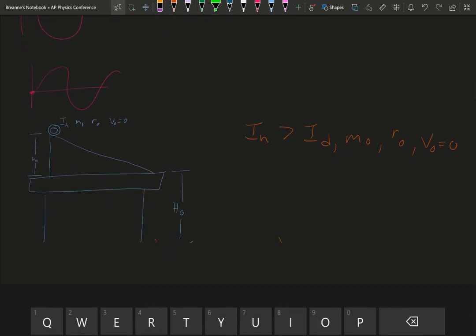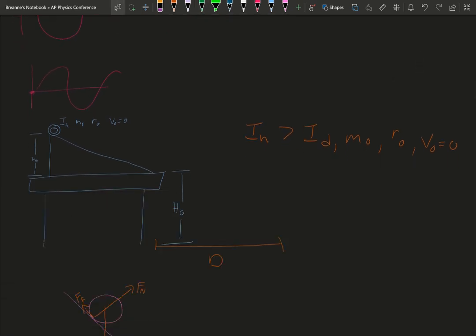I don't have the moment of inertia equations memorized off the top of my head, so I'm going to Google, give me a second. Moment of inertia formulas, solid disk versus hoop.